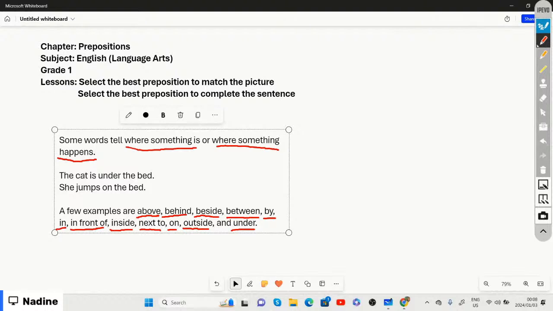If we ask ourselves where the cat is, then we can say the cat is under the bed, which means that is our preposition within that sentence. So under is our preposition because it tells us where something is.